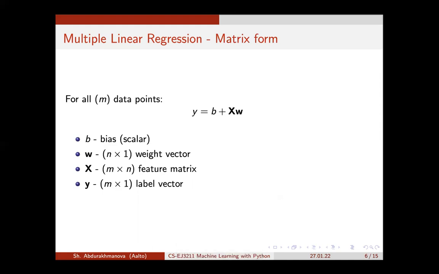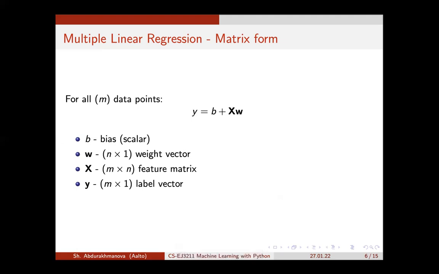And I forgot to note that linear regression with many features is also referred to as multiple linear regression. And we often want to formulate this multiple linear regression in matrix form, where we can stack all the equations for each data point. So let's assume that we have m data points, then our equation is going to be the vector of labels y equals b plus the matrix multiplication of big X and W. And X here is a feature matrix.